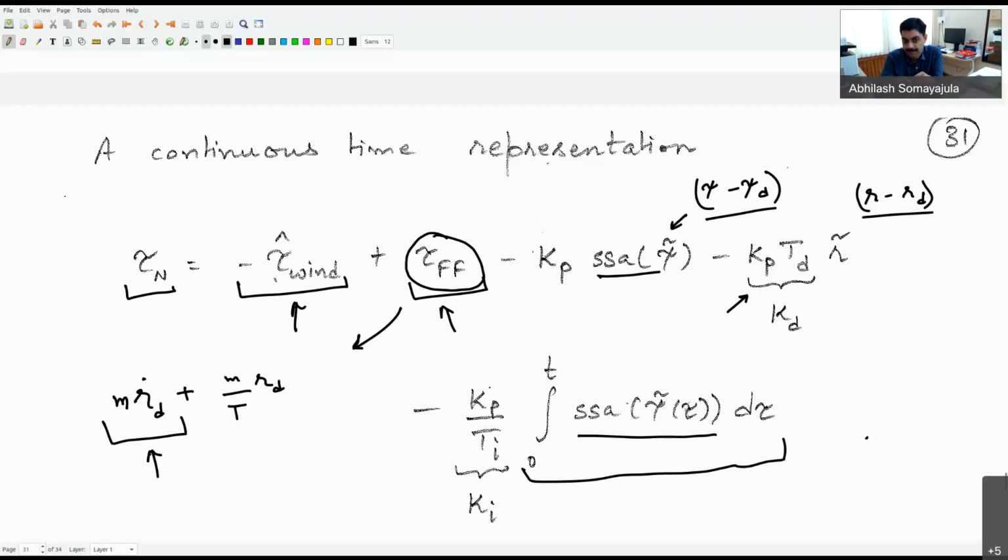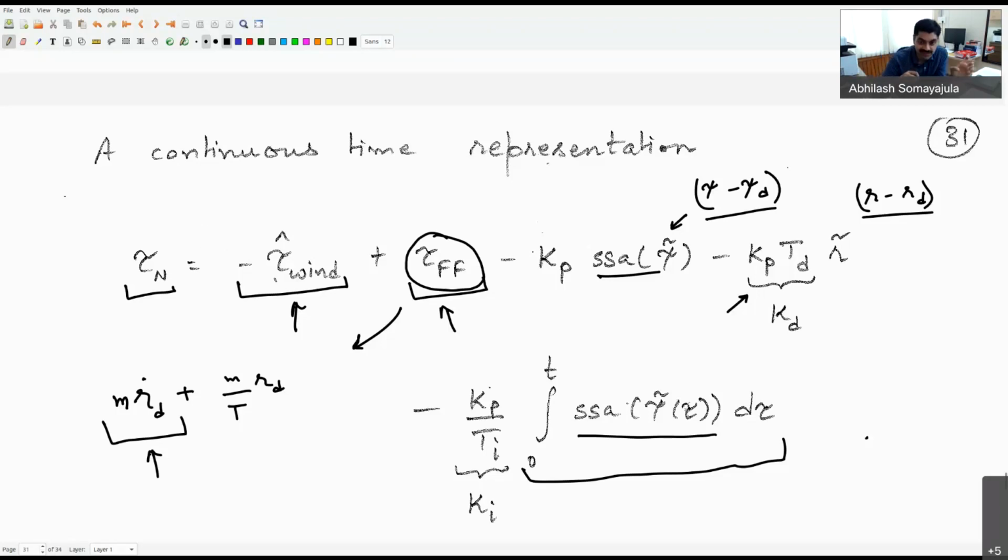Everybody with me so far? Okay. In addition to that, if there are now any disturbances coming into the picture, then those disturbances can be accounted for using the PID term. If there are any steady state disturbances, those will be taken up by our PID control and it will try to compensate for it. It's just a staggering part. I'm trying to separate the different components that it is trying to compensate for.